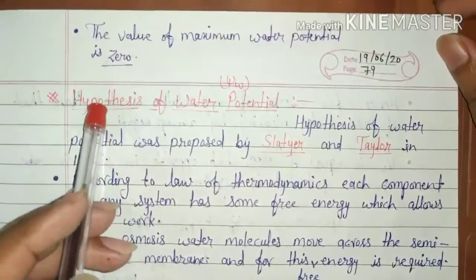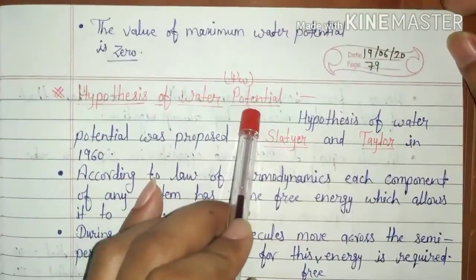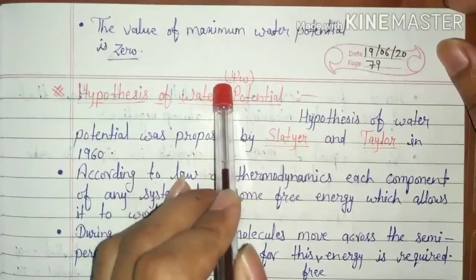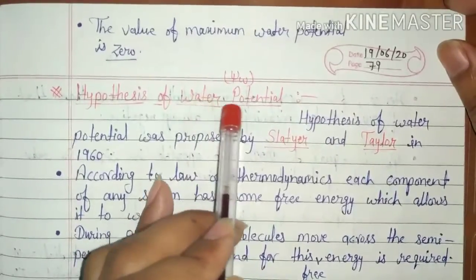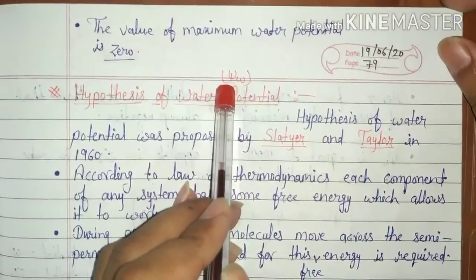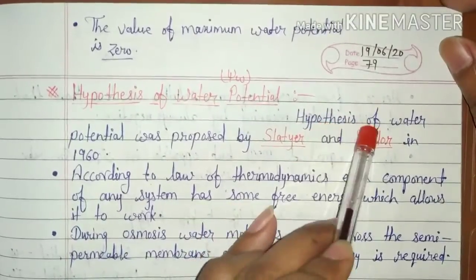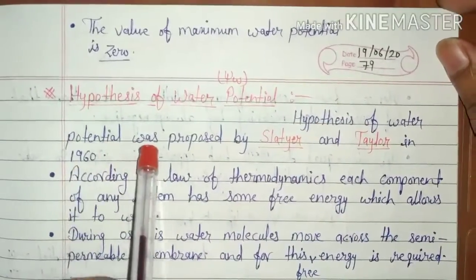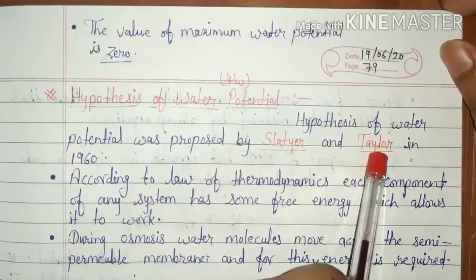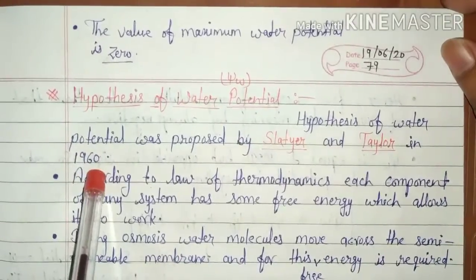Now we are going to talk about the hypothesis of water potential, or psi W, because water potential is represented by the symbol psi W. The hypothesis of water potential was proposed by scientists Slatyer and Taylor in 1960.